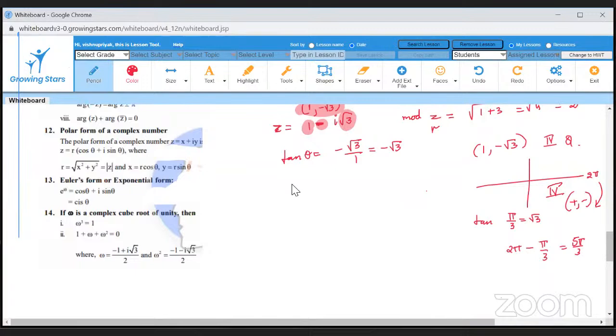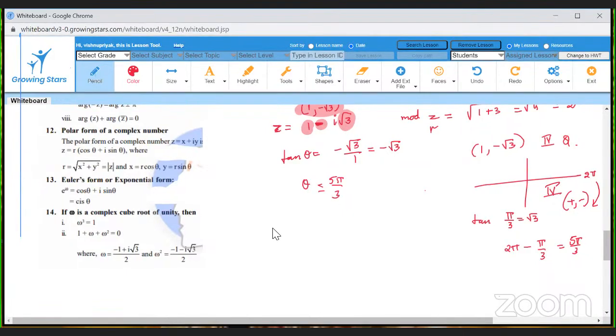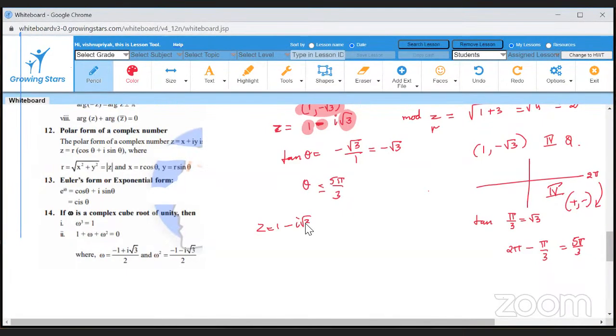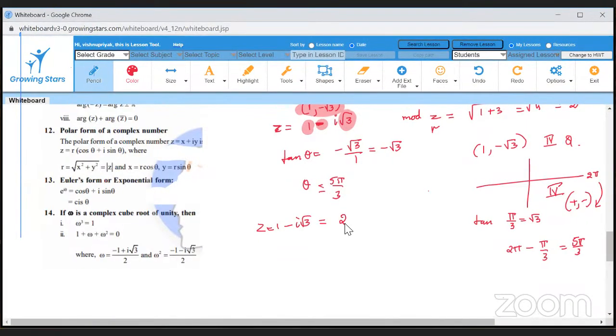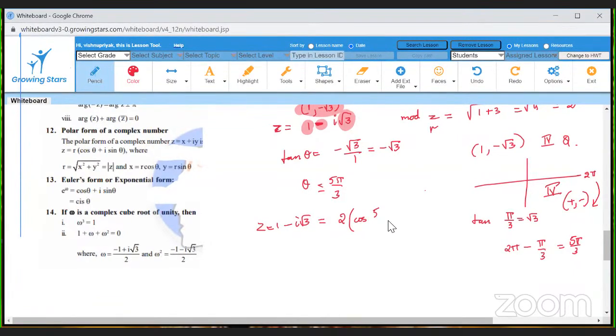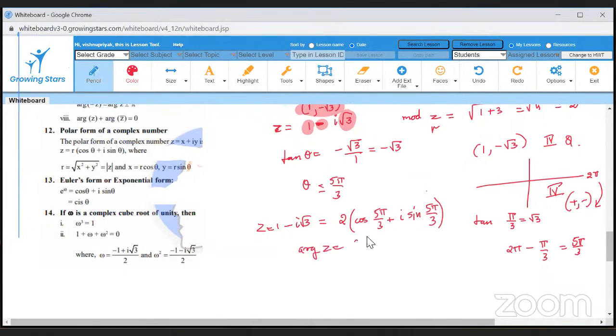That is how I got theta as 5 pi by 3. And so Z, that is 1 minus I root 3, I wrote it as mod is 2, R into cos theta plus I sin theta. So the argument of Z is 5 pi by 3.